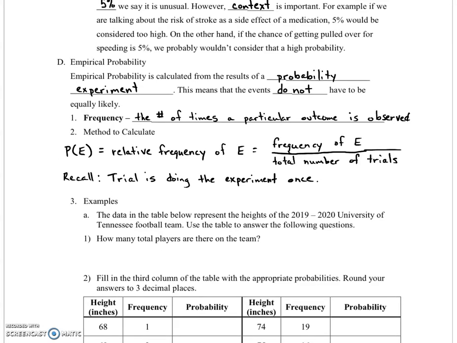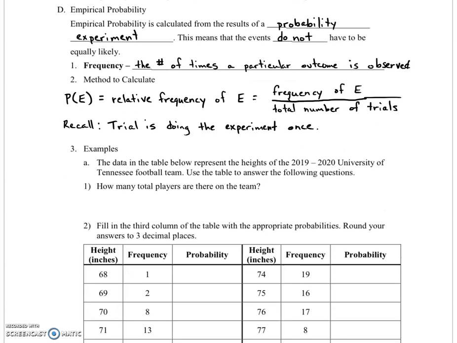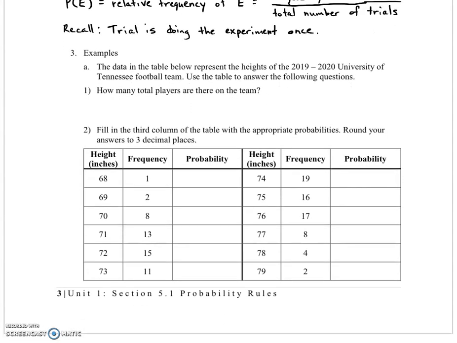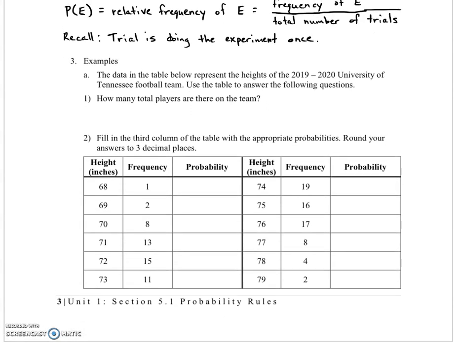So, for example, the data in the table below represent the heights of the 2019-2020 University of Tennessee football team. Use this table to answer the questions. First, we need to know how many total players are on the team.